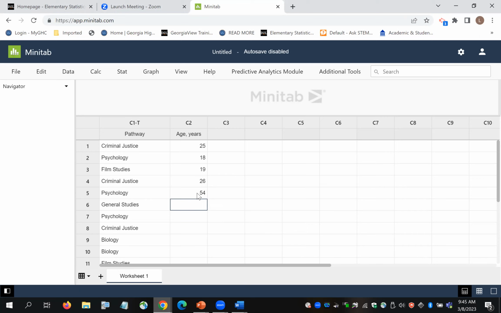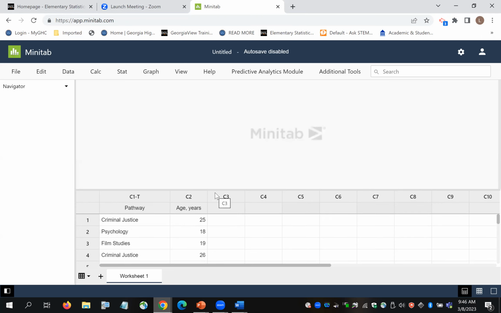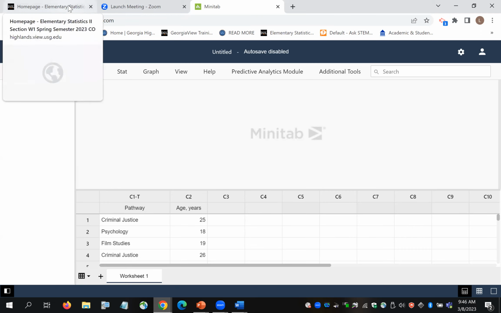Sometimes, if you have a really large data set, you may be given a file, and you can upload that file to Minitab. Now, in some cases, as I did this morning, you have to use your fingers to type it in yourself. For some of the activities in this course, you will need to upload the file.